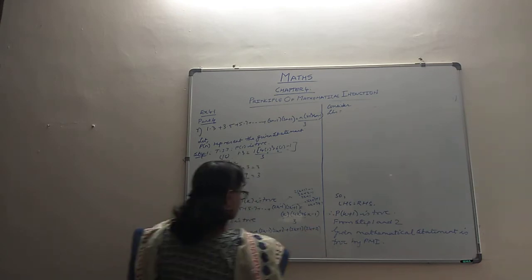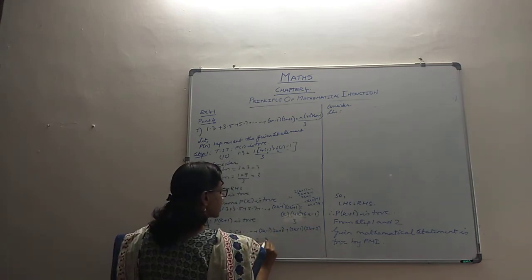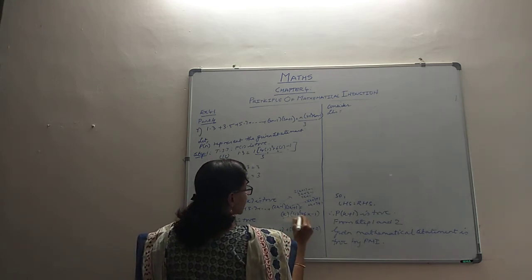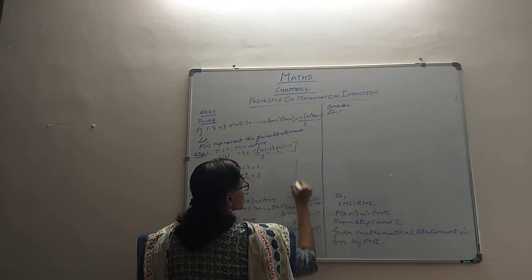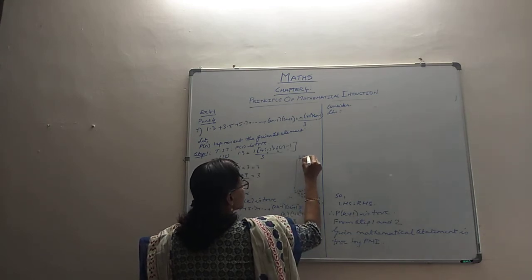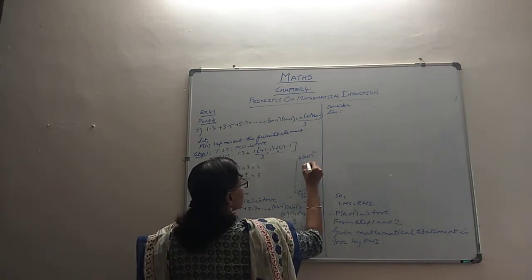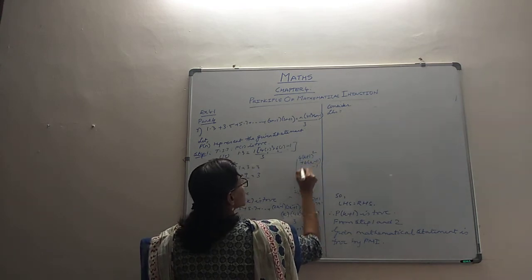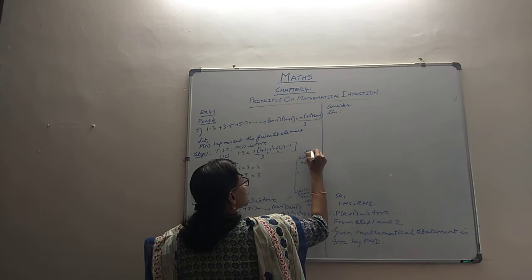Now what's the RHS? Wherever k comes, k plus 1. So here also, it's quite a bit of work. Wherever k comes, we have to substitute k plus 1. So it is 4 times k plus 1 the whole squared plus 6 times k plus 1 minus 1. So k plus 1 squared is k squared plus 2k plus 1.